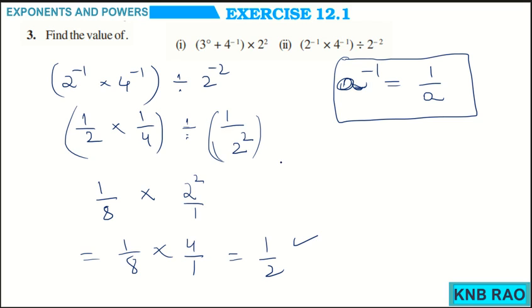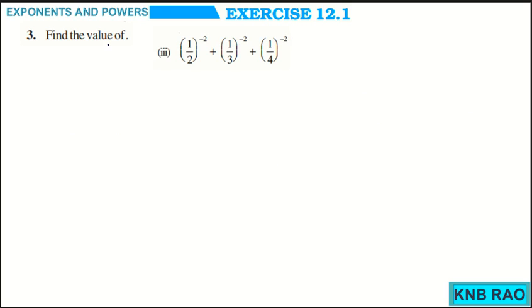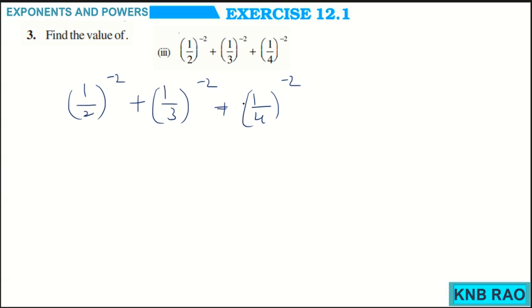Now coming to the third sub question: (1 by 2) whole power minus 2 plus (1 by 3) whole power minus 2 plus (1 by 4) whole power minus 2. You know, for a negative power, to convert it into positive, we reciprocate the bases.